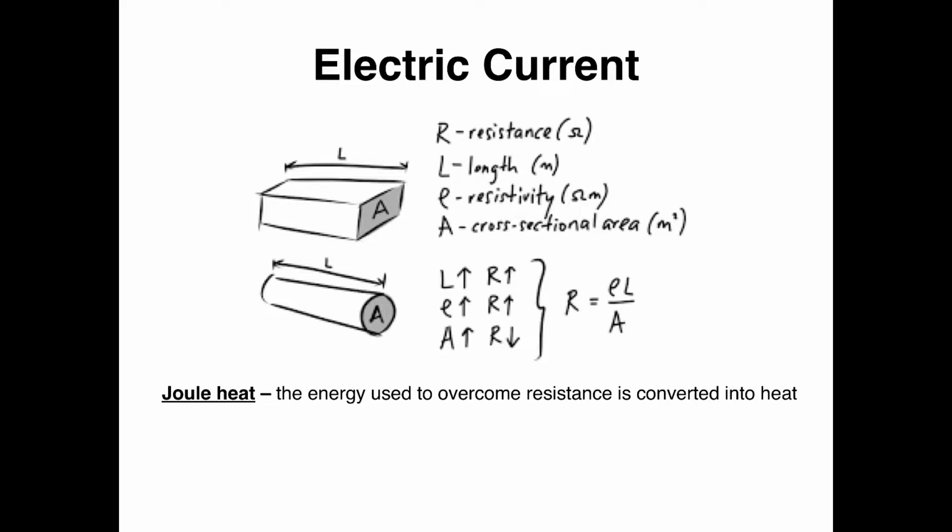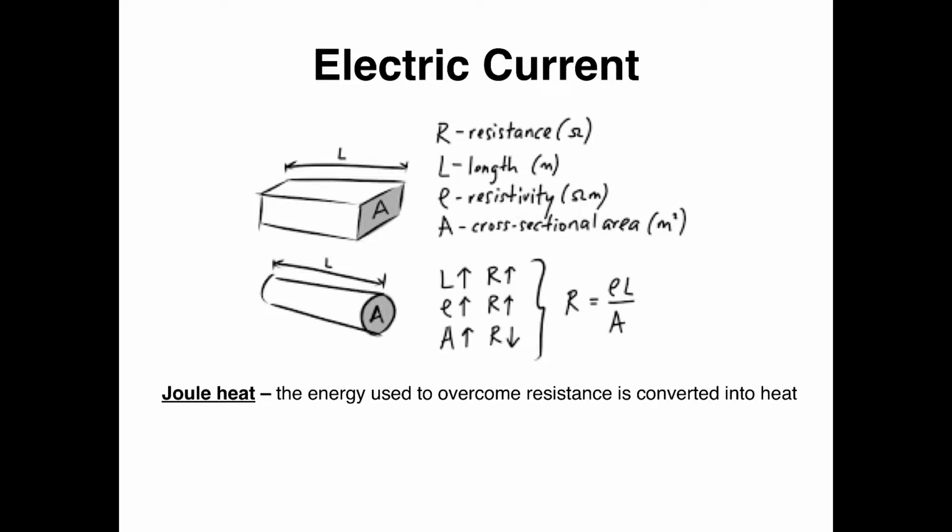Secondly, the material itself, whatever it's made of, would also increase the resistance. So those two factors, the length and the resistivity, or the property of the material itself, would be directly related to the resistance. So as each of those goes up, the resistance would go up.